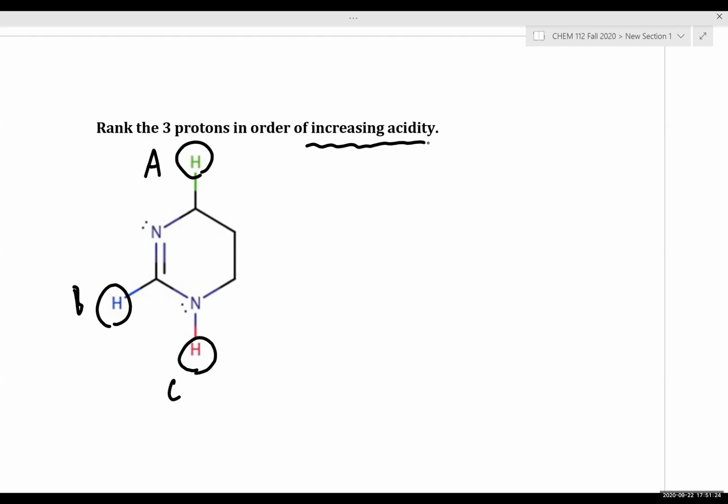And remember, try to have a logical basis to justify your ranking. And we'll discuss this example in approximately 3 to 4 minutes.